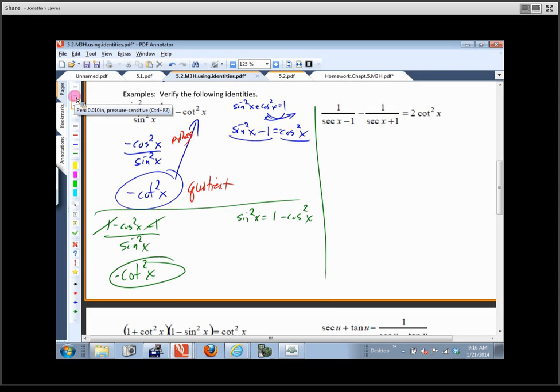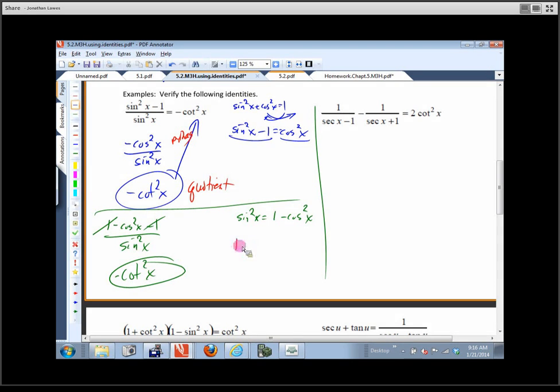So on that, when they're substituting, why wouldn't they put the 1 minus cosine squared on the bottom as well? You could, but here's Nathan's question.